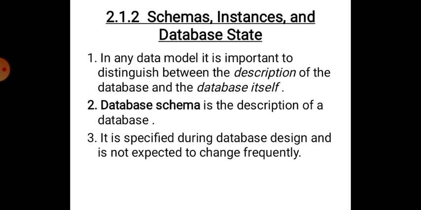Point number 2. Database schema is the description of the database. So if you have to describe the database, you can draw a table and indicate how the data is going to be stored. Point number 3. It is specified during database design and is not expected to change frequently. Students, for example, you can consider one database such as a student database or company database.